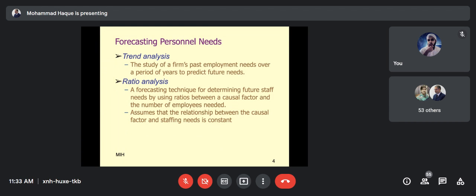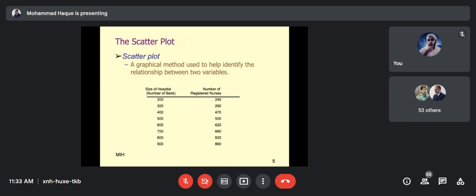It assumes that the relationship between causal factor and staffing need is constant. It will also include the economic condition. It will also include the trade cycle that we are to study.